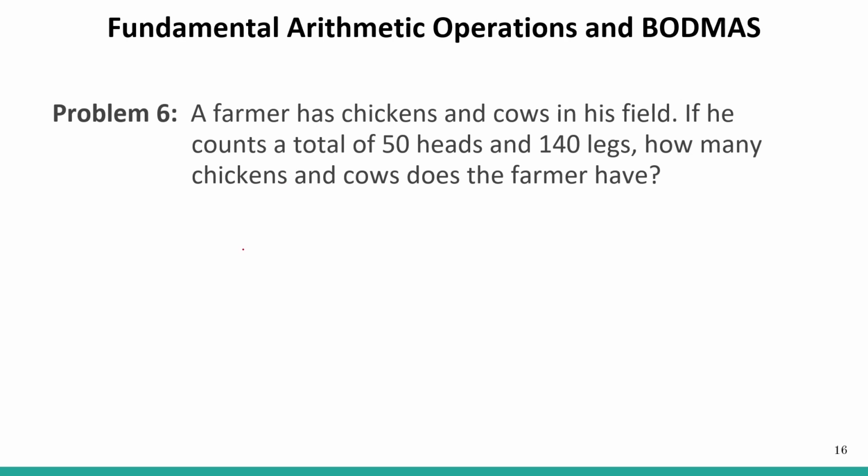Here you need to know that two kinds of entities are there: a chicken, which has one head and two legs, and a cow, which has one head and four legs. Let the number of cows be y and the number of chickens be x.